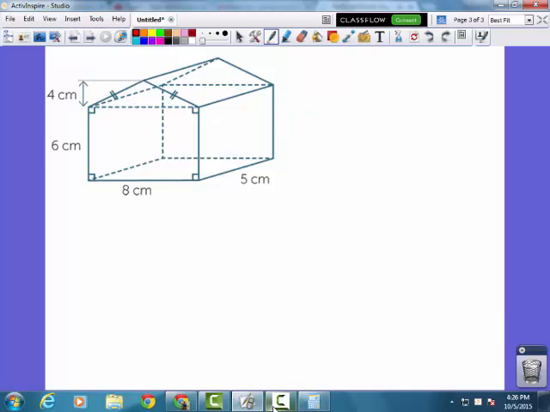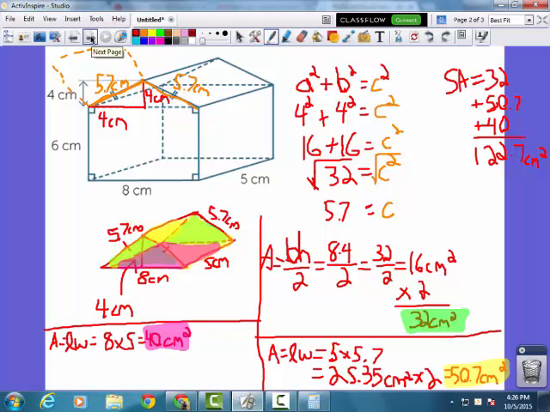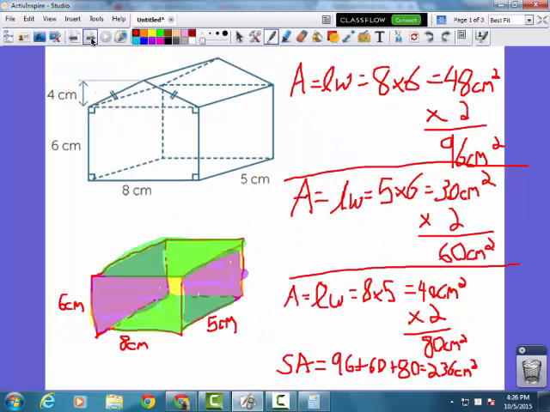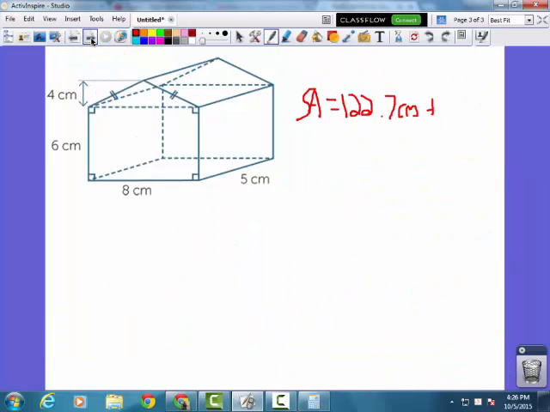So our total between them, surface area is equal to 122.7 plus, and the other one was 236 centimeters squared. You can add those two together.